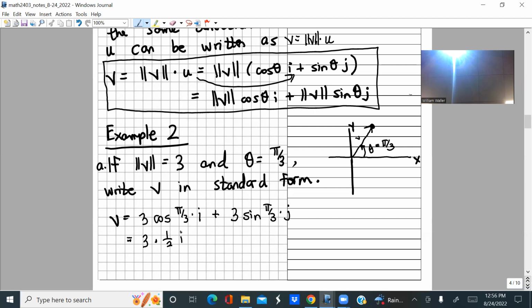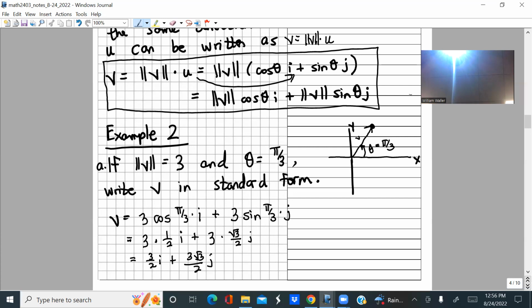And the sine of pi over 3? You don't want to get that from your calculator, because it's going to look terrible. It's square root of 3 over 2. So we end up with 3/2 i plus 3 square root of 3 over 2 j. So easy.